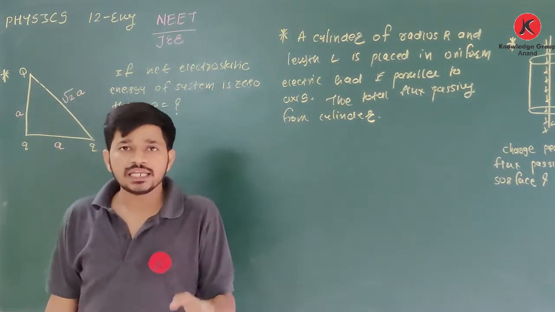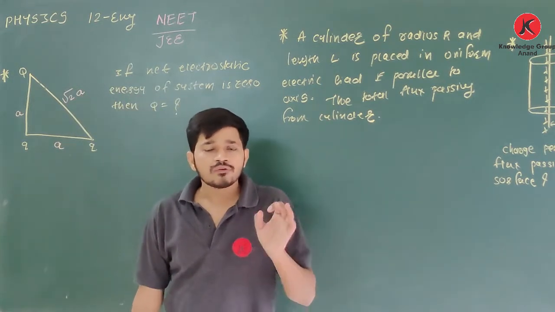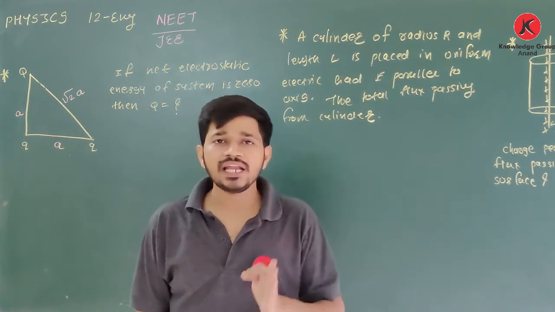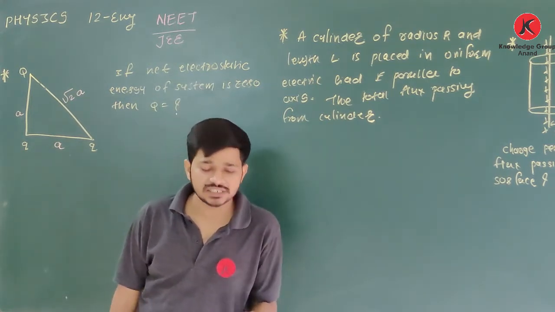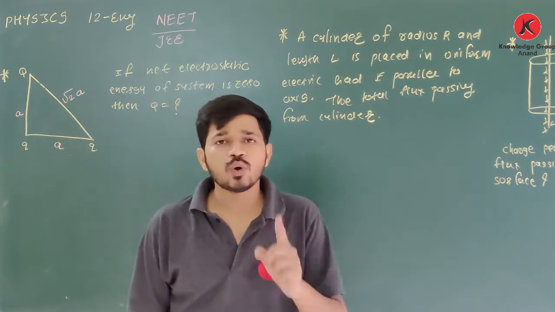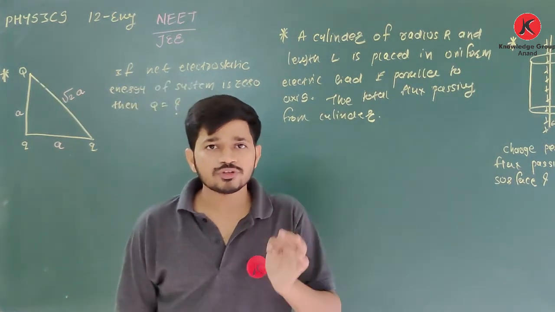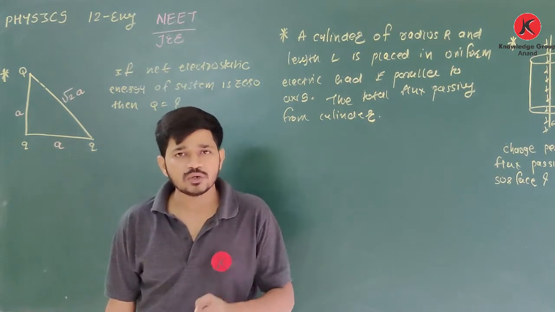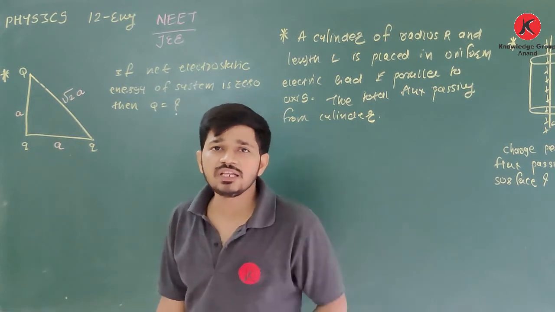In questions of electrostatic potential energy, first identify the number of pairs. Then what is the equation of potential energy? U is equal to 1 upon 4 pi epsilon 0 Q1 Q2 upon R. With the help of this equation, you can easily find it.